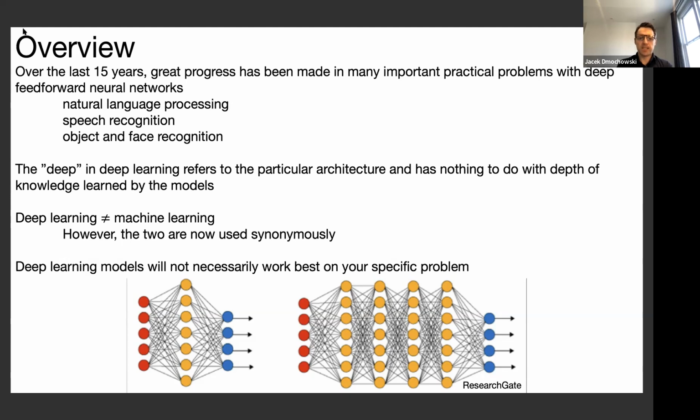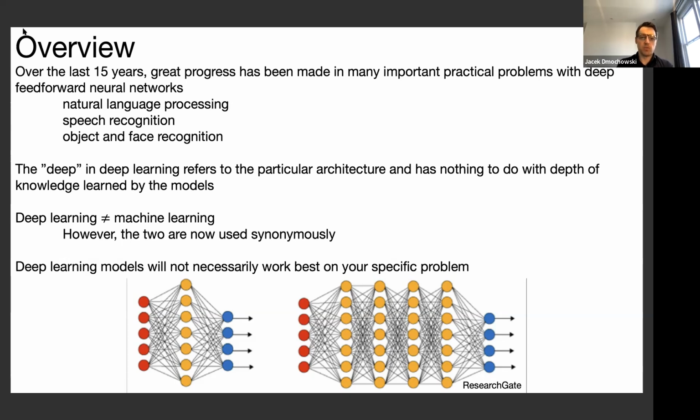Deep learning has been driven by advances on practical problems in AI: natural language processing, like translating text from one language to another; speech recognition, which could be taking in a waveform and transcribing it into text, or just recognizing who's talking, that's speaker recognition.